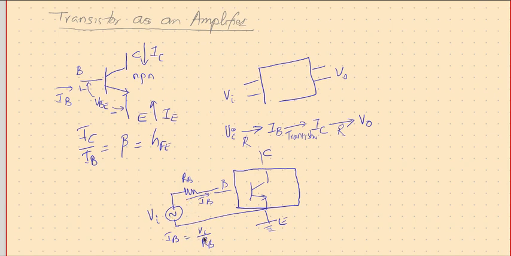So you can somehow make Ib proportional to Vi. And once Ib is made proportional to Vi, then we get Ic which is proportional to Ib.